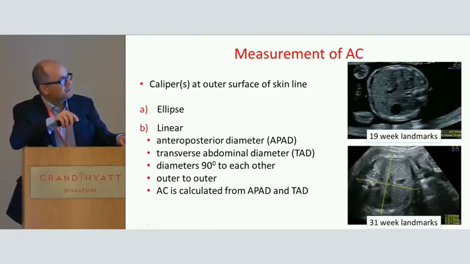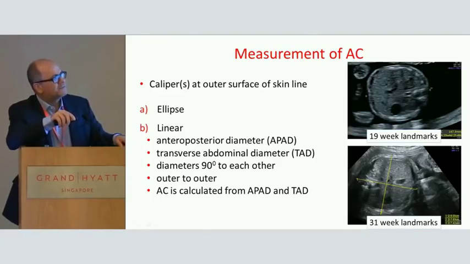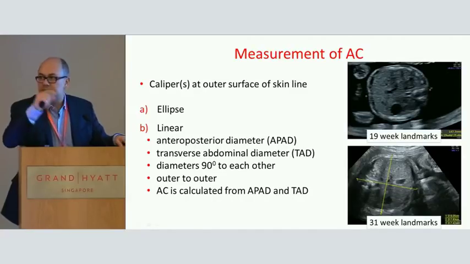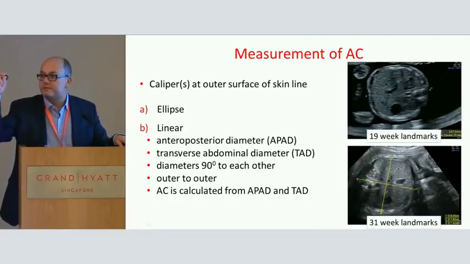Now at 20 weeks or 19 weeks here, there's very little fat under the skin. Can you see that? And so the skin line is very clear. By the time you get to 31 weeks, the skin line is quite wide. And that's because there's this adipose tissue, the baby's putting fat on.